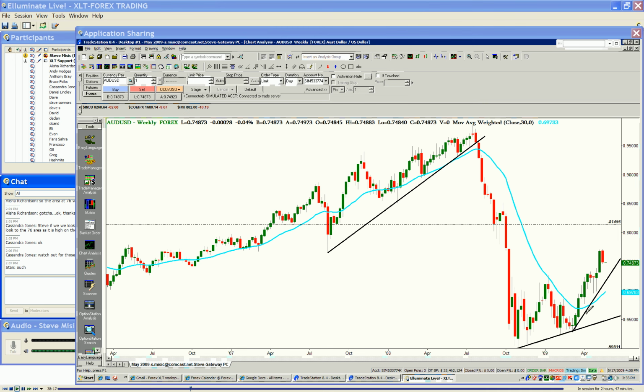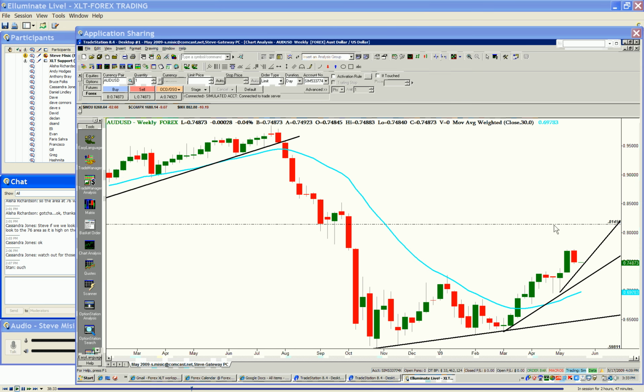But the angle of this trend is starting to get a little bit steeper again. And again, if I connect perhaps this low to here, the short-term trend line is definitely very, very steep. And since it's the beginning of the week here, you don't want to wait for a close below a trend line on a weekly chart, because you could lose a lot of money if that happens, depending on where the low for the week is.